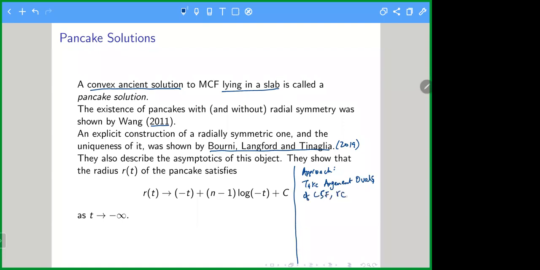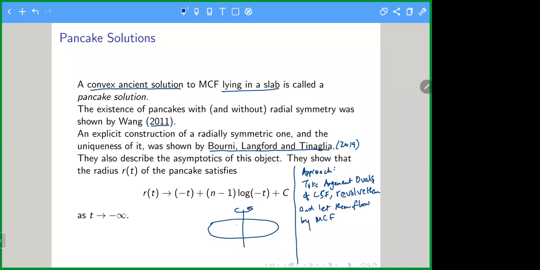and then you revolve them about their short axis, and then you let them flow by mean curvature flow. So you have your Angenent oval, and this is the short axis, and then you revolve it around this axis, and then just let this object flow according to mean curvature flow.